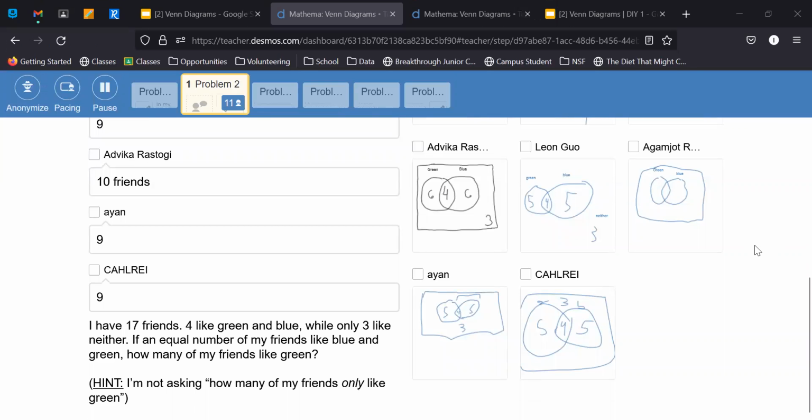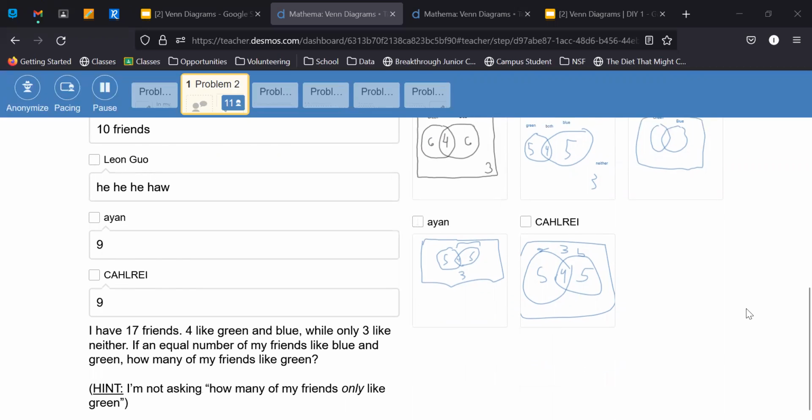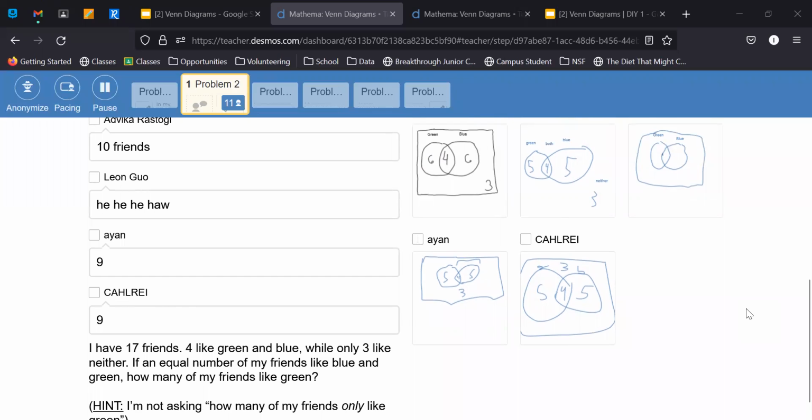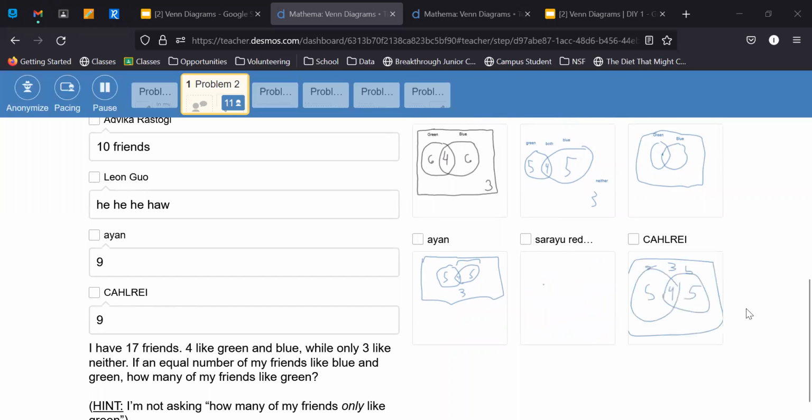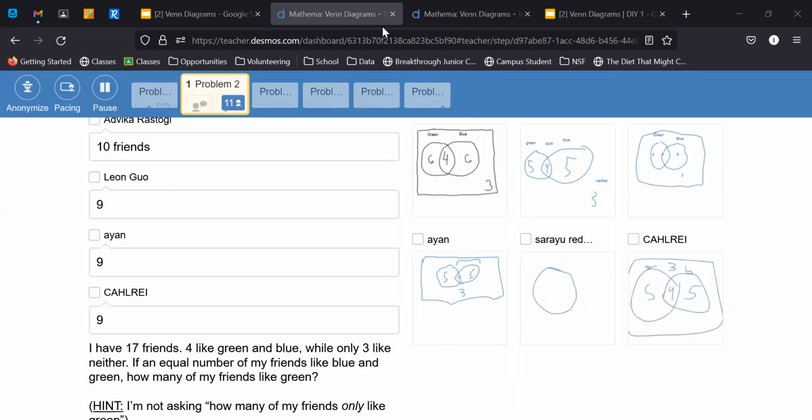And remember, after you draw your Venn diagram, make sure that you are adding up the numbers to make sure it does add up correctly. Yeah, Charles, writing G and B is labeling. So yeah.